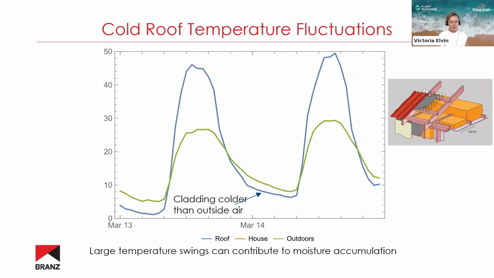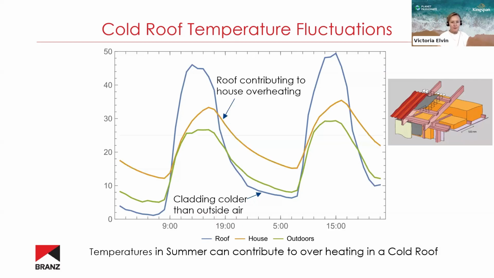You can see there that the blue line at the bottom is below the green line being the outdoors, the blue line's the roofing material. So you can see here that the roof is getting much hotter than the ambient air during the day and colder at night due to night sky radiation where the heat loses its temperature. Now, of course, at a lower pitch, you get more night sky radiation, so you get an even colder roof. So that can have quite an effect.